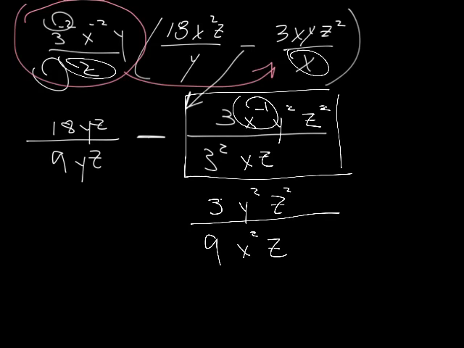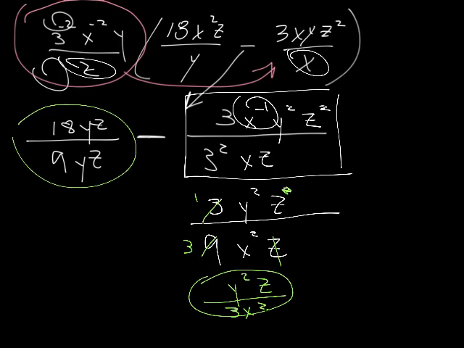I can cancel, let's change my color here, let's go to green. I can cancel that with that. I can cancel one of my z's with this one, and I'm left with, not a 3, it's just a 1, over 3x squared.